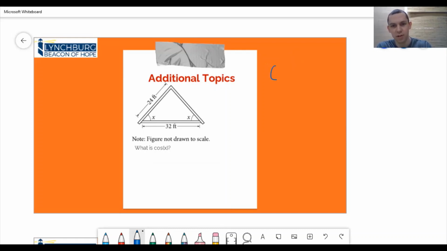So we say the cosine is equivalent to the adjacent side, which I'm going to abbreviate to ADJ, over the hypotenuse.